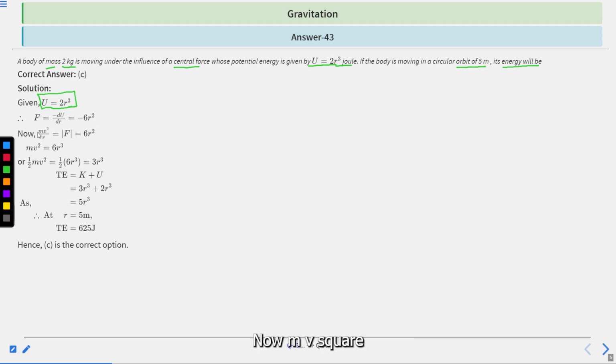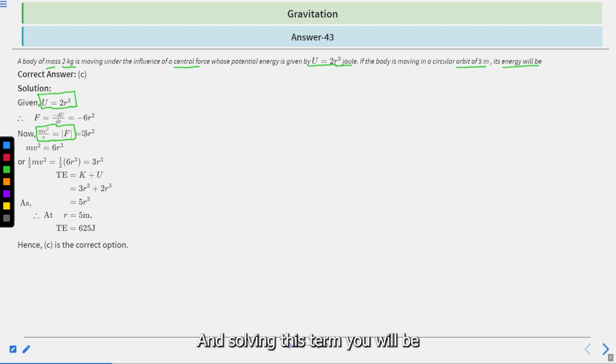Now mv square by r is equal to mod of F. Here mod of F is equal to 6r square, so mv square by r is equal to 6r square.